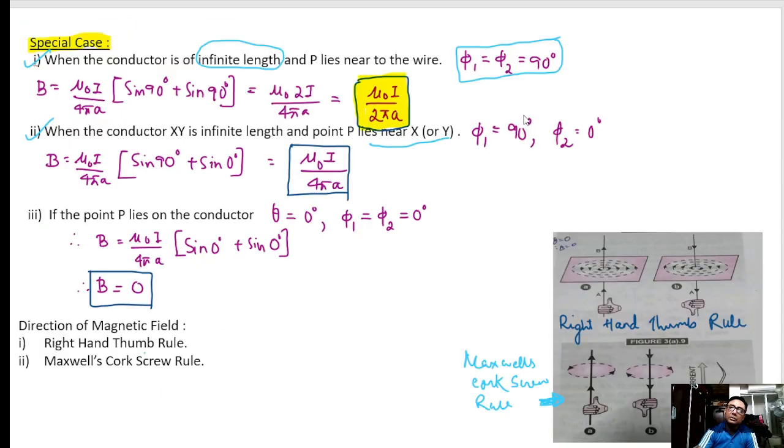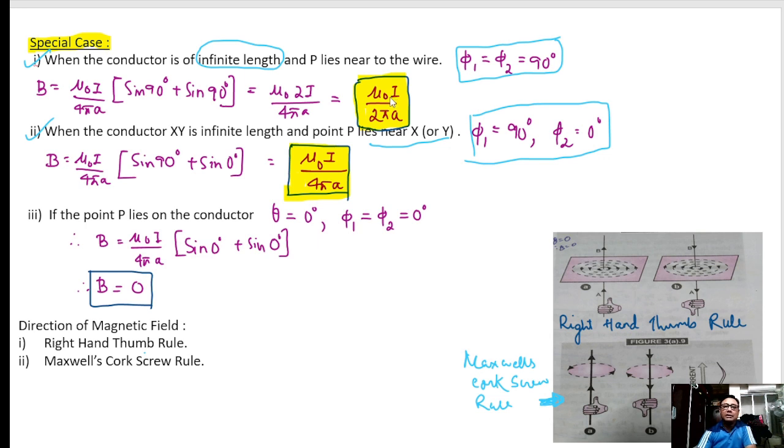Please note that if it is near X, phi 1 is 0 and phi 2 is 90 degrees. So putting it in, we get that if the point lies on any one end, the field is mu 0 I by 4 pi a.